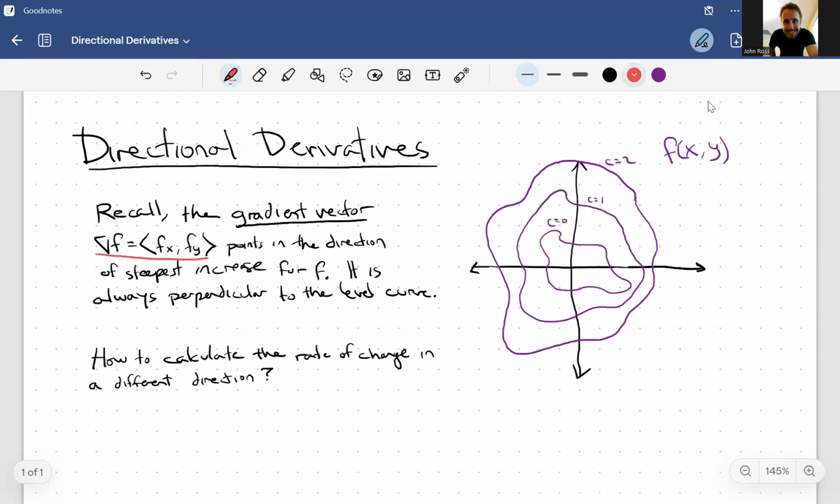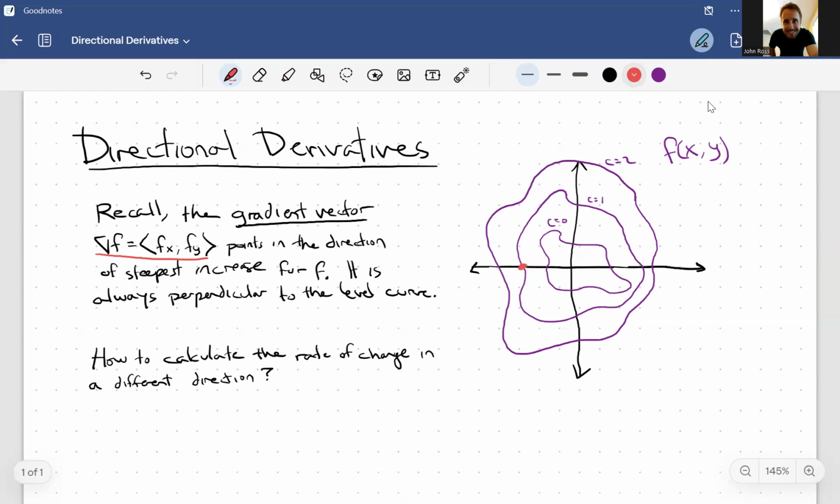So in the image up above, if I were to plug in a point, this point right here, -3, 0, into the gradient, we would get a vector, f sub x at -3, 0, comma, f sub y at -3, 0.